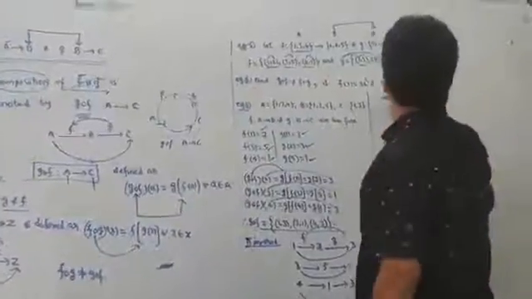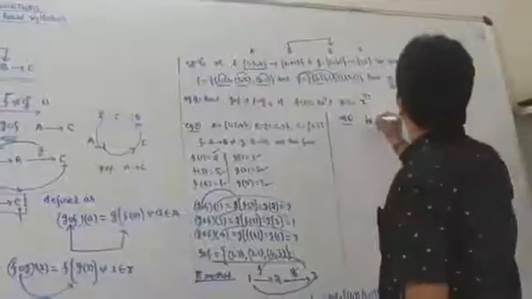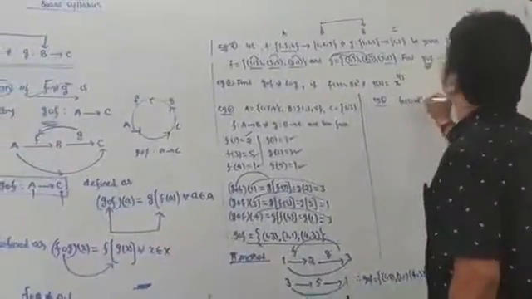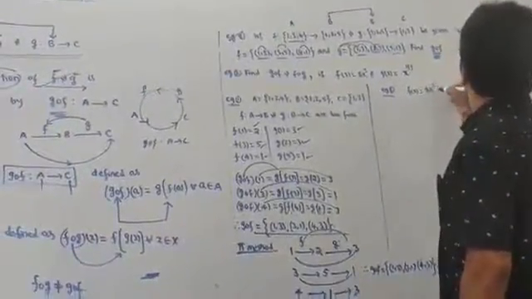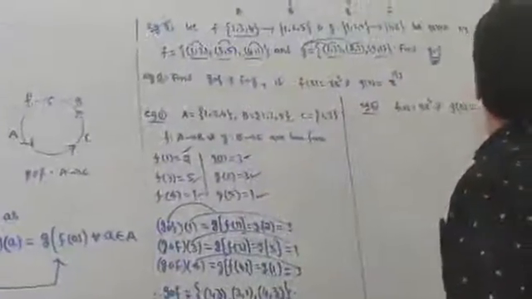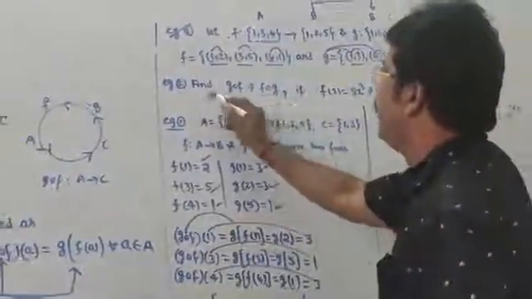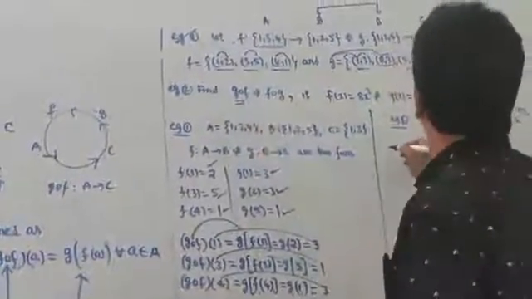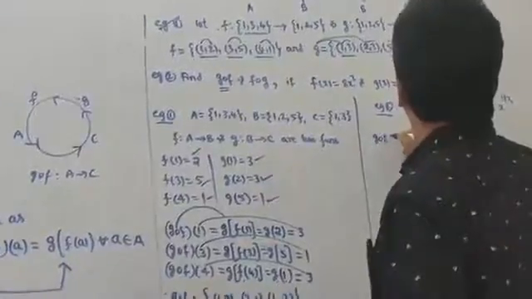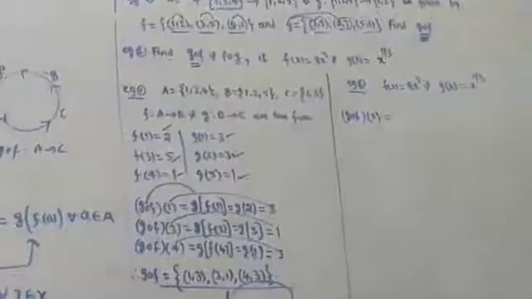Second example. Given f of x equal to 8x cubed and g of x equal to x to the power of 1 by 3. First question: find G circle F. G circle F means G of f of x.